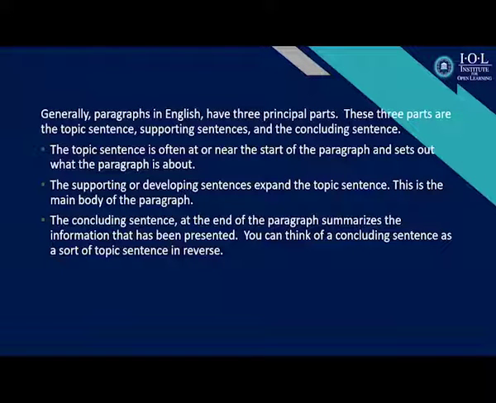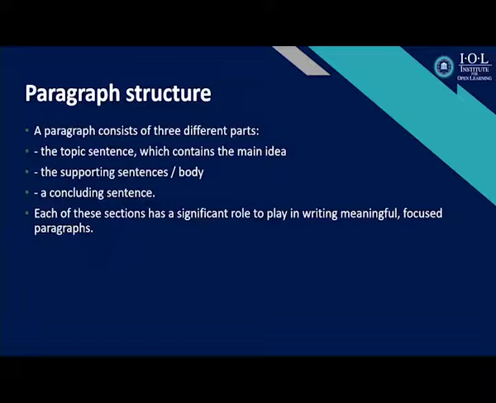And you also have the concluding sentence, which is found at the end of the paragraph, and it summarizes the paragraph. So, like I said, a paragraph contains a topic sentence, which is the main idea. It has the supporting sentences, which are like the body of the paragraph, and a concluding sentence.